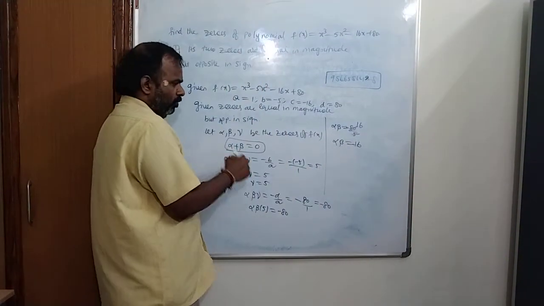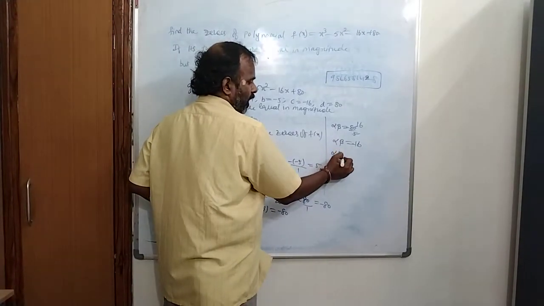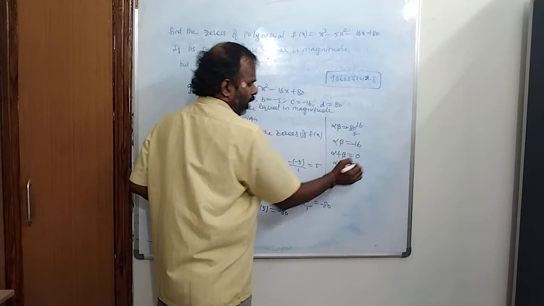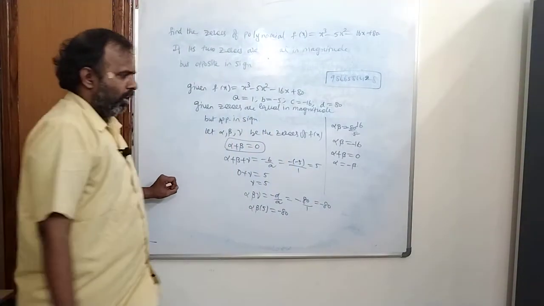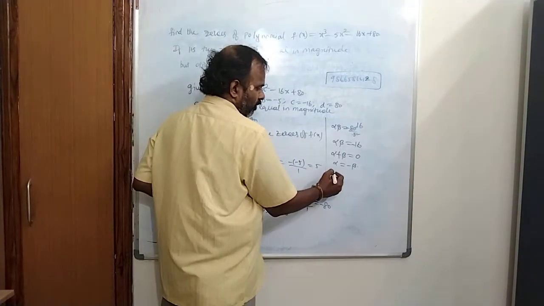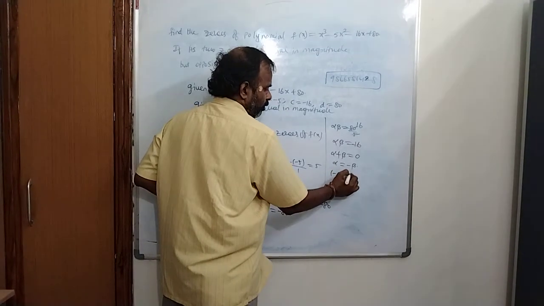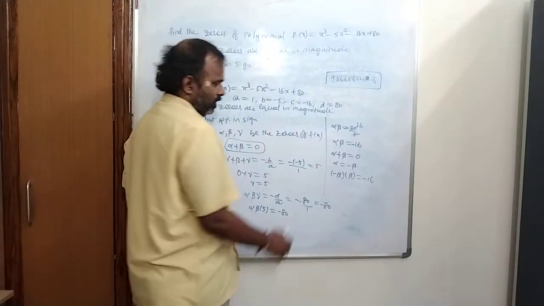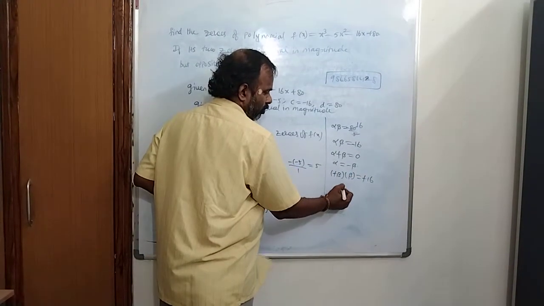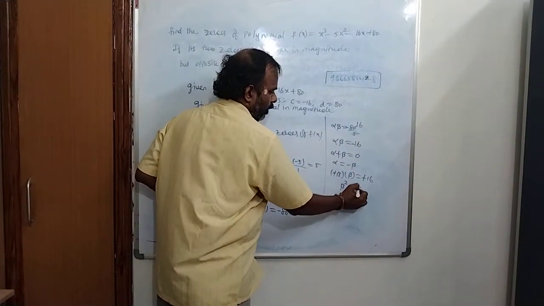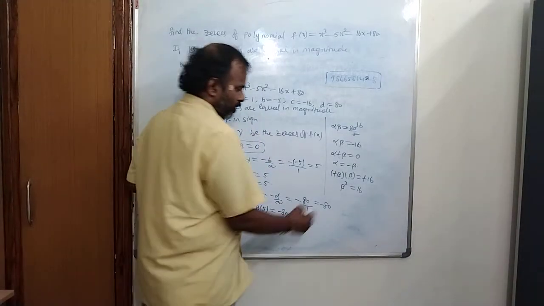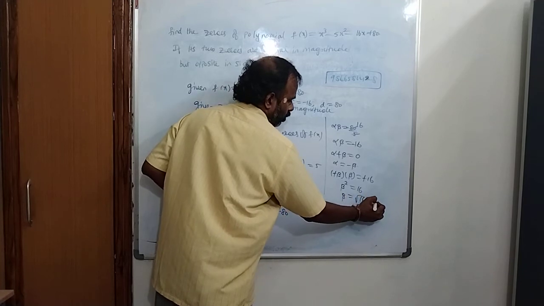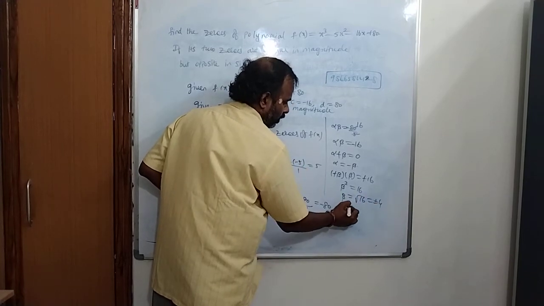Now already we have taken alpha plus beta is equals to 0. So alpha is equals to minus beta. Alpha is minus beta, into beta is equals to minus 16. So minus and minus cancel. Beta square is equals to 16. Beta is equal to square root of 16.